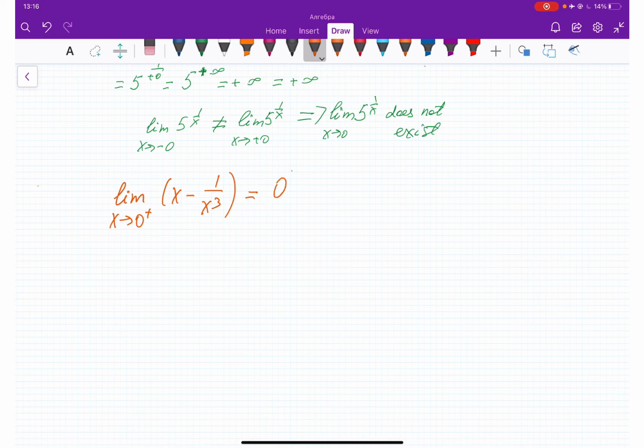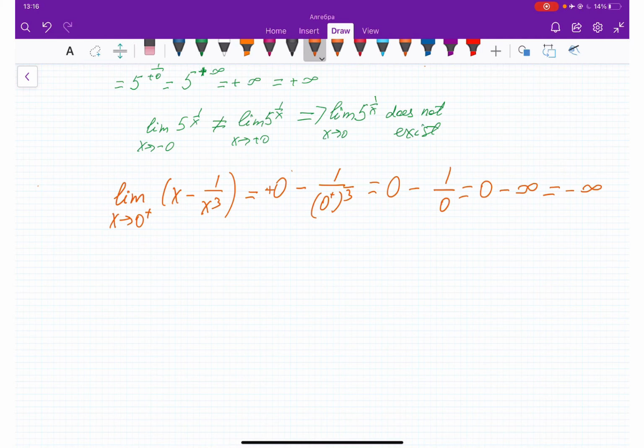Since it's positive, I don't have to write down positive, meaning from the positive side, 0 minus 1 over 0 to the power 3. What do we get? 0 minus 1 over 0 is infinity, and the result is negative infinity.